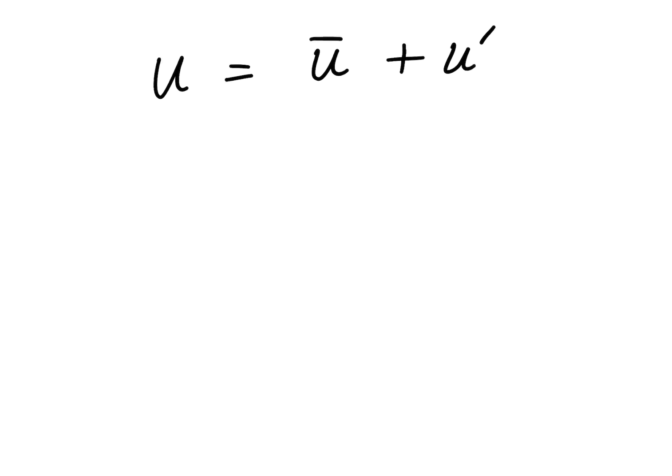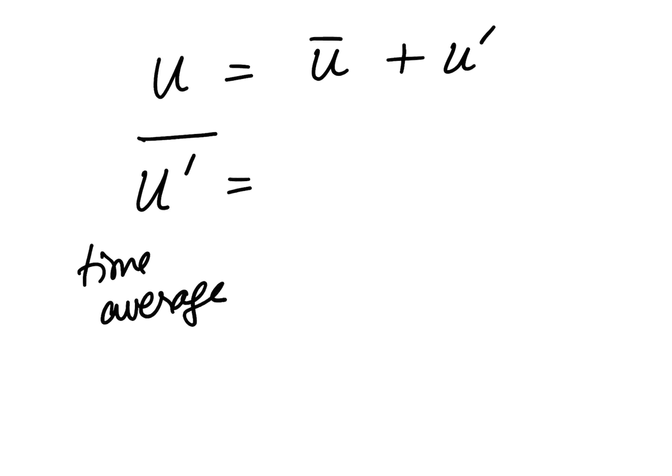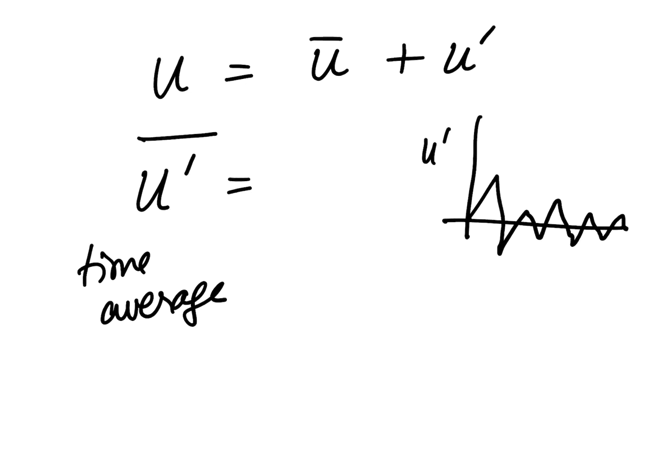Now, what is the value of U dash? Let's calculate the average value of U dash, where by average I mean a time average. How do you write the average of some quantity? Let's say you have U dash plotted here, and these are all different values of U dash.